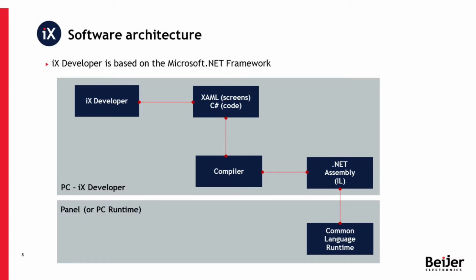You create screens with Extended Application Markup Language. You have code in C#, you compile it. It gets to a .NET assembly, and the IL is the intermediate language, and that intermediate language is run on the panel or the PC runtime on the common language runtime.